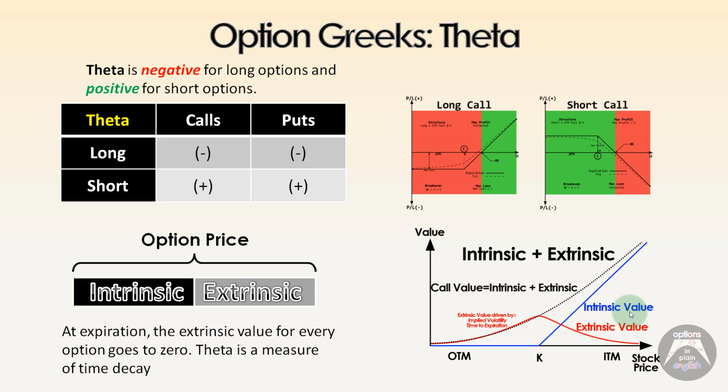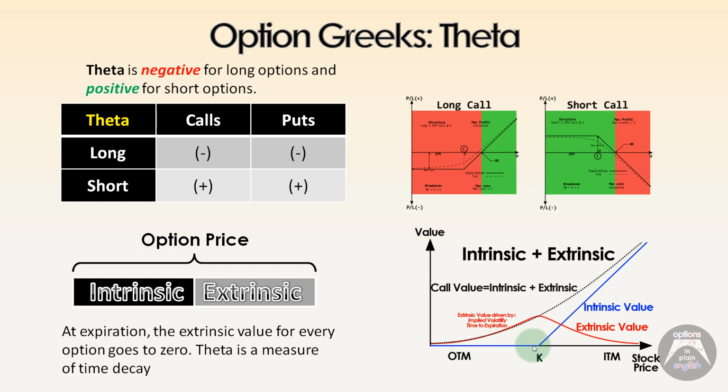And intrinsic is very clear. In the case of a call, anything that's below the strike price is not going to have any intrinsic value, and as it starts going in the money or above the strike price, it's going to start gaining value at a rate of 1 to 1.